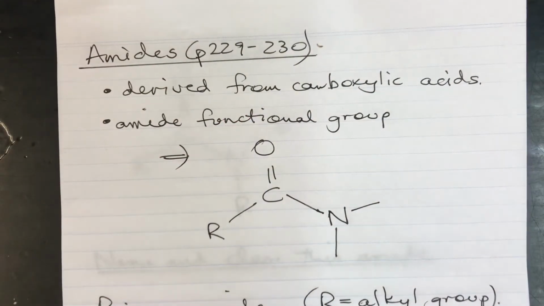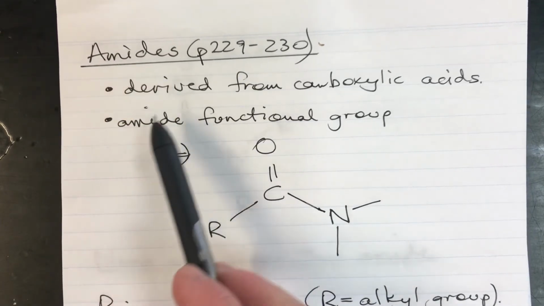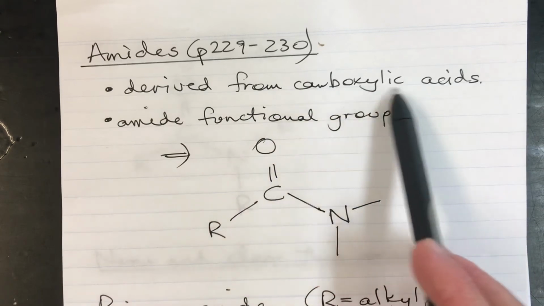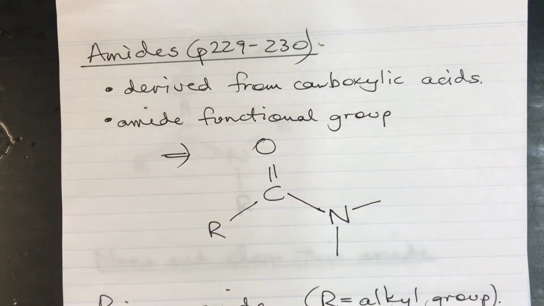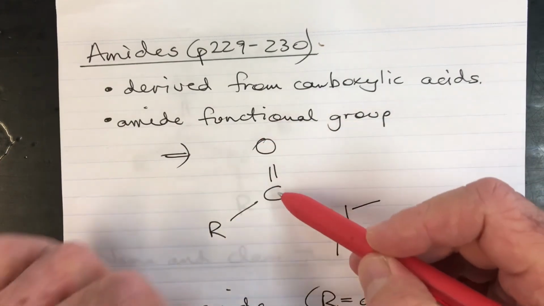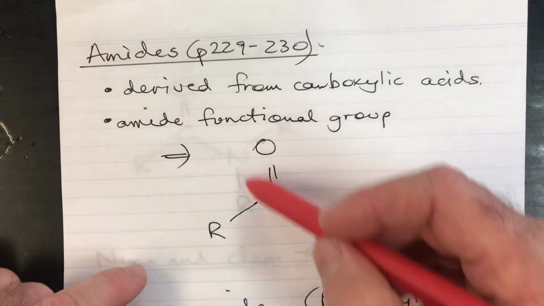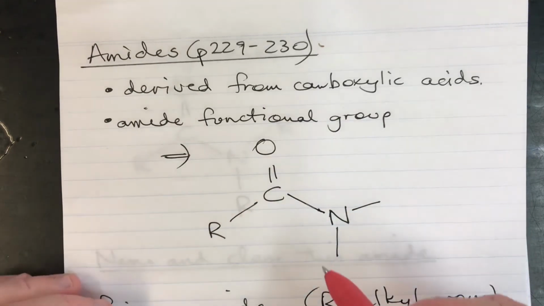Let's move on to the next nitrogen-containing compounds known as the amides. Amides are derived from carboxylic acids. It contains 2 parts, a carbonyl functional group directly attached to an amine functional group. So the whole thing becomes an amide.